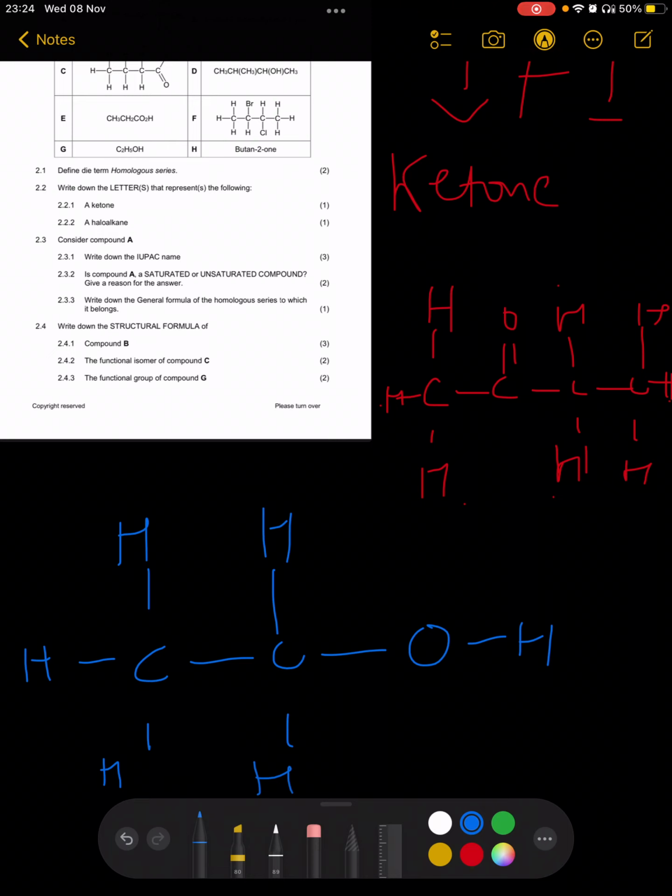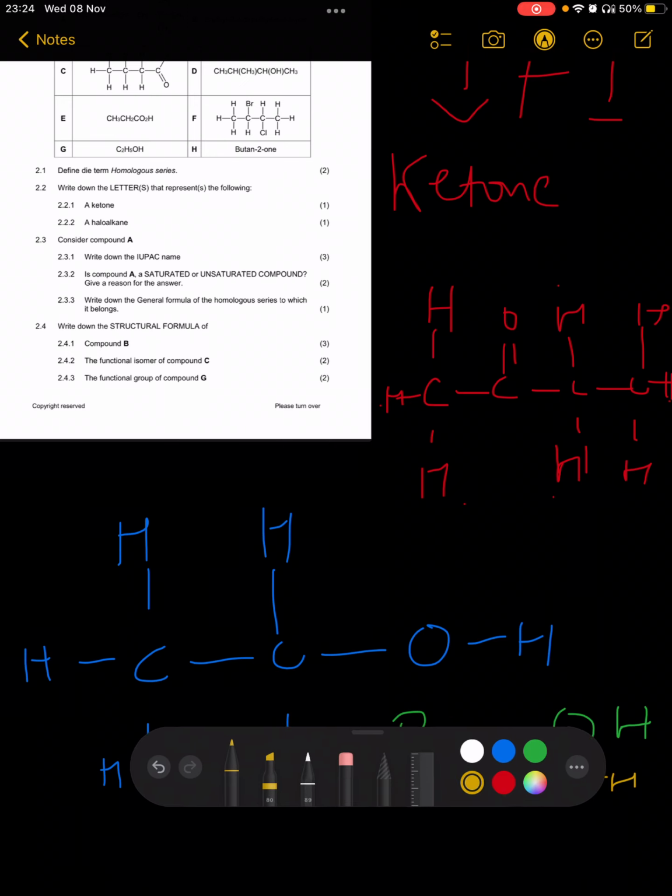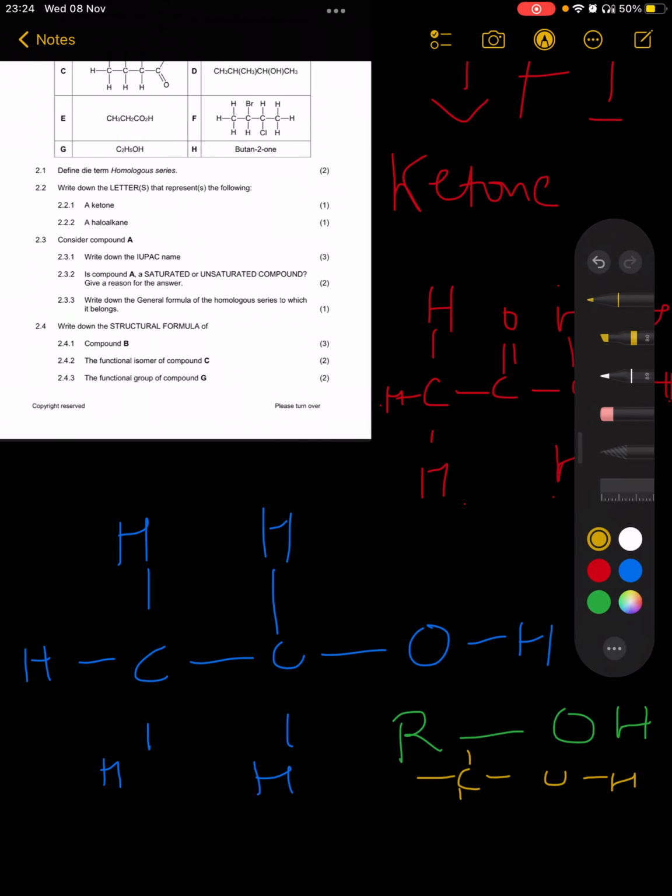So the functional group of an alcohol would be either R, or H, or just a C, O, H. But this one is just hanging like this, as you can see. Right.